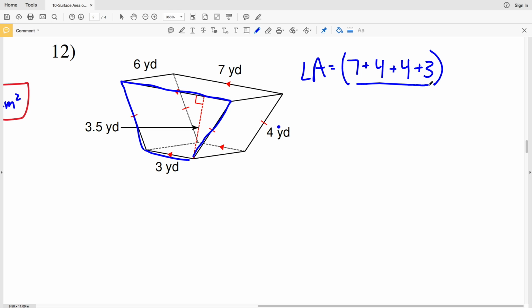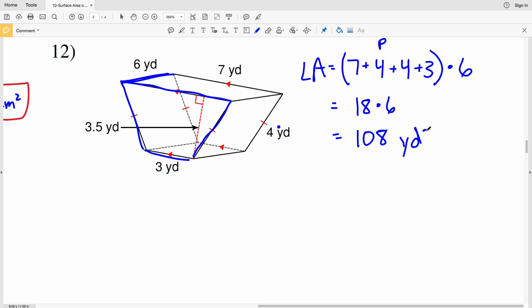So that's the perimeter, P, and that's going to get multiplied by the height of the prism, which is 6 yards. 7 plus 4 plus 4 plus 3 is going to be 18, and 18 times 6 will give us our lateral area of 108, and this is yards squared.